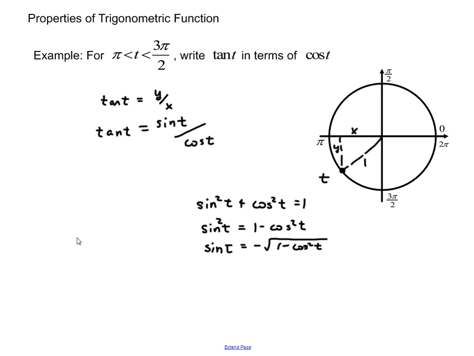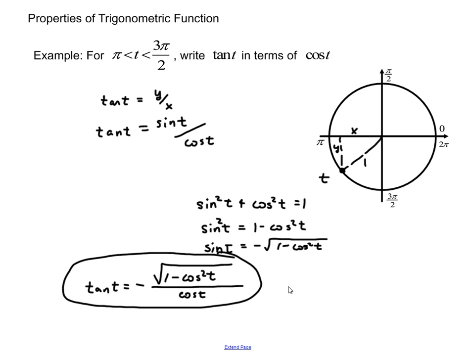And so tangent of t, by this process, is got to be equal to the negative of the square root of 1 minus cosine squared t, all divided by cosine of t. And that would be our simplified expression right there, just what we were looking for. Okay, good luck on the homework, and I'll see you in class.